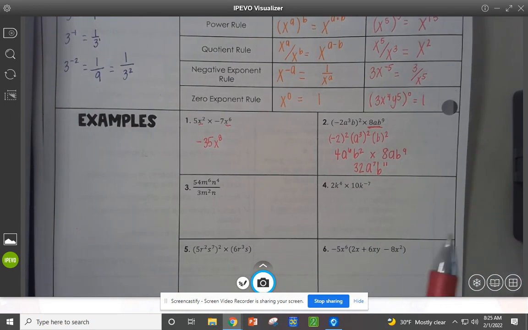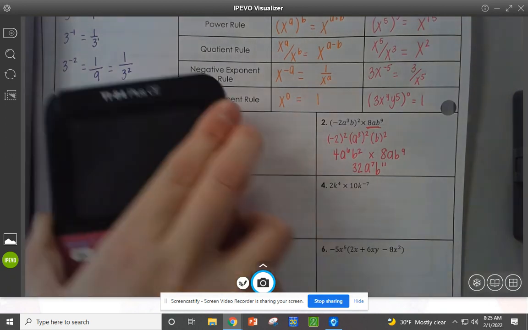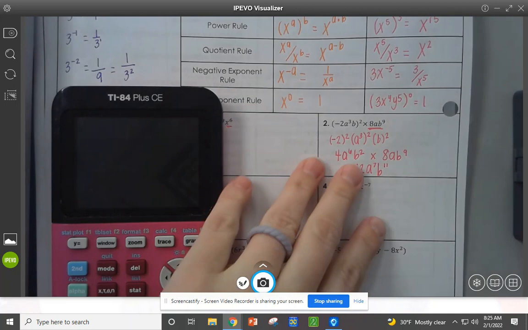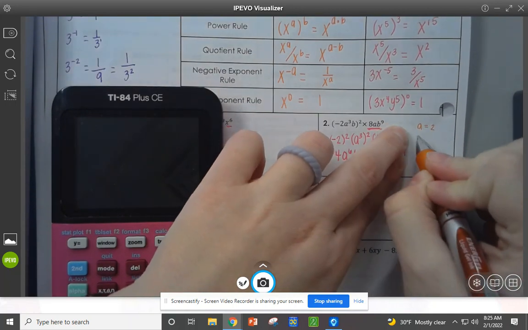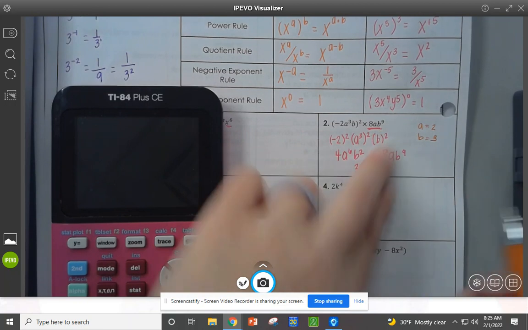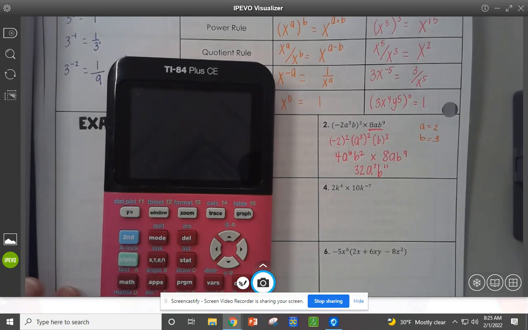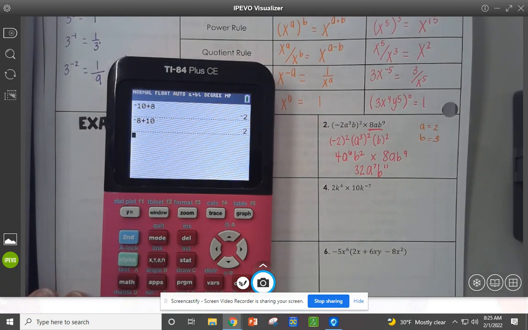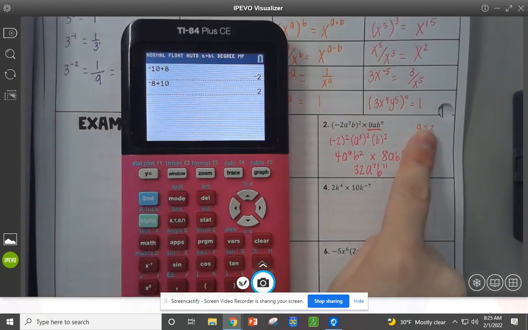If you're ever not sure about your answer, you can go to your calculator and check it. So just put in some random number for A, some random number for B. I like to avoid using 0 and 1. So let's see, I'm going to store.